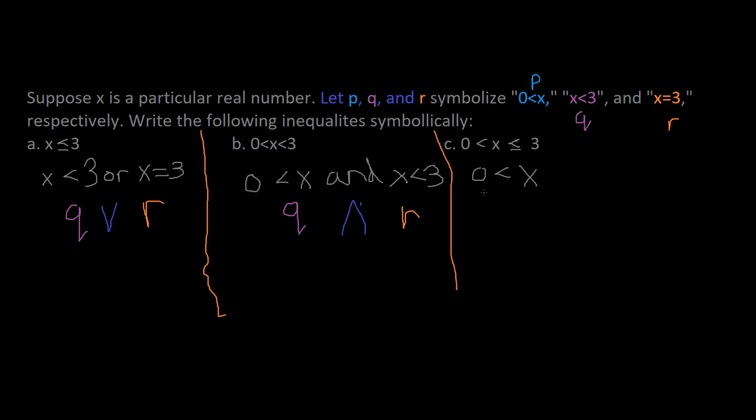So that just means 0 is less than x, and this means 0 is less than or equal to, oops, and then this is going to be x is less than or equal to 3. And that's going to be "and" in the middle. So I'll put "and" right here.